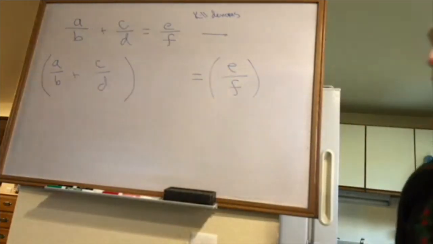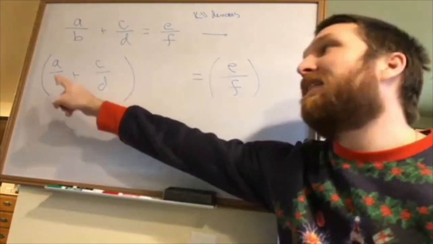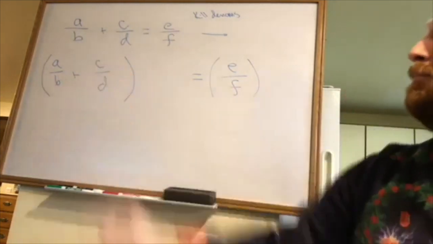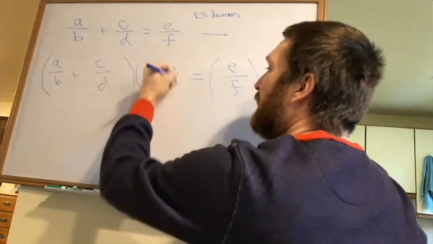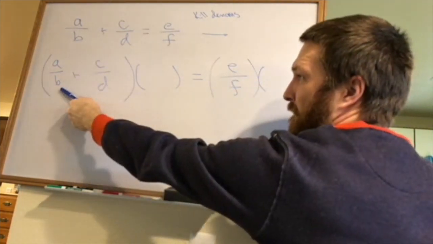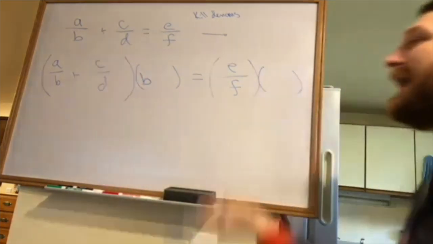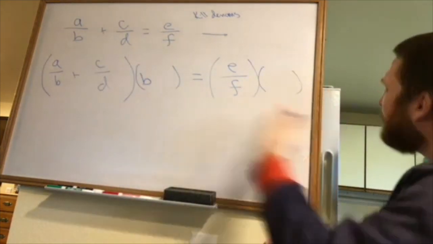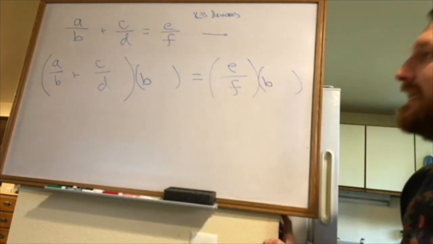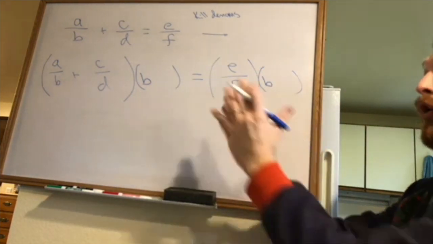And I'm thinking, man, if that B wasn't there, that would make my life a lot easier. Wait a second, I could kill that B. And I could do that by multiplying by what? B. And so what do I have to do to this side in order to keep everything equal? Multiply it by B. And remember, it's the whole thing.